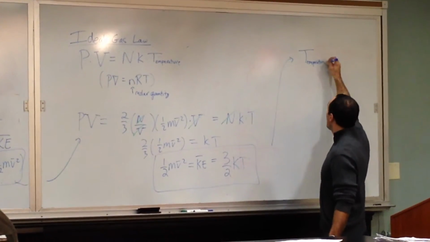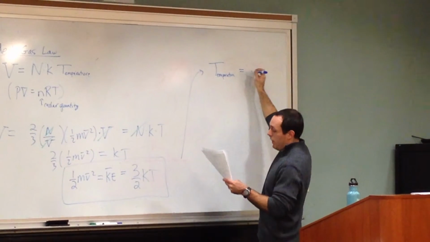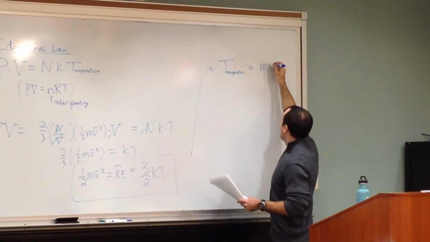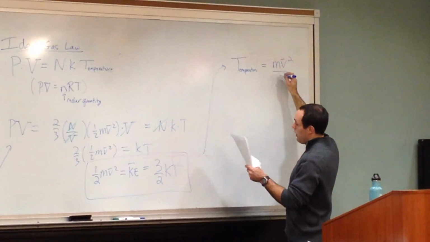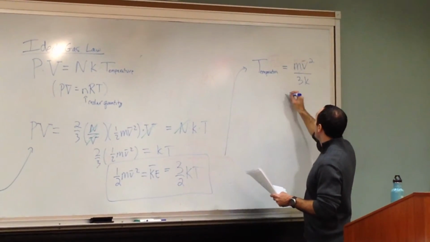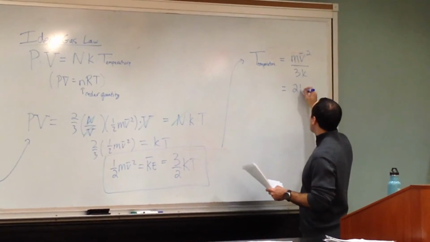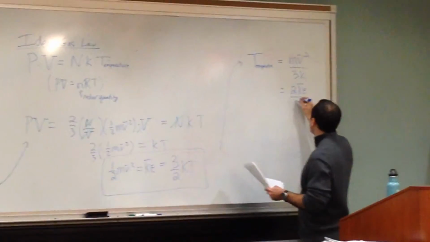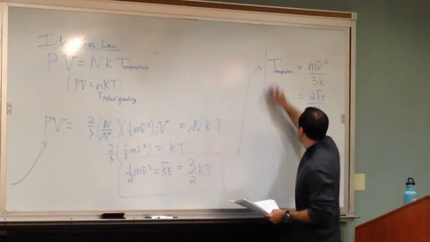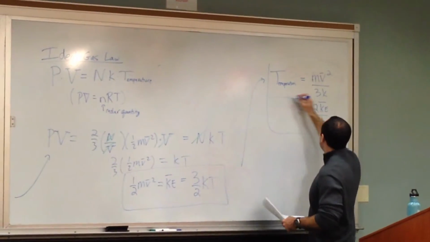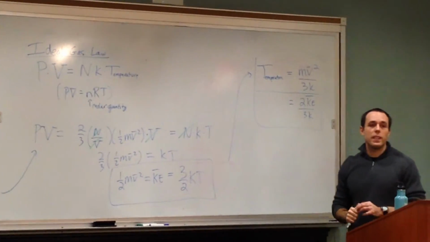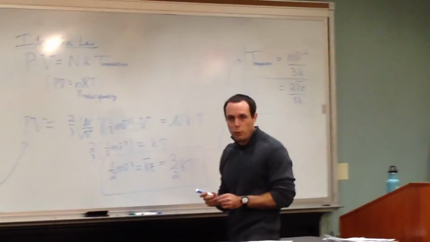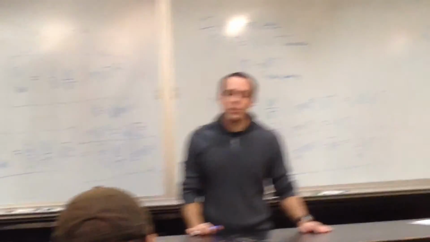Temperature, specifically for a gas, but in general, is now related to m times the average velocity squared, divided by 3k, which is equivalent to 2 times the average kinetic energy divided by 3k. K is a constant with different units, which changes from joules to, say, degrees Kelvin, which is the scientific unit.